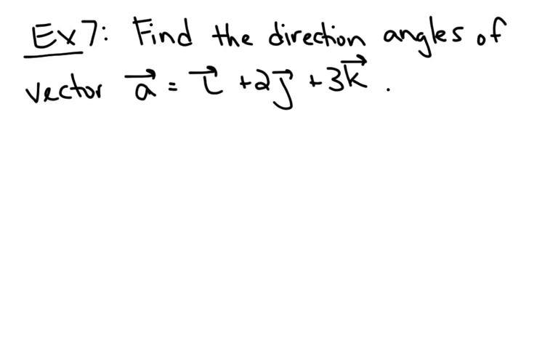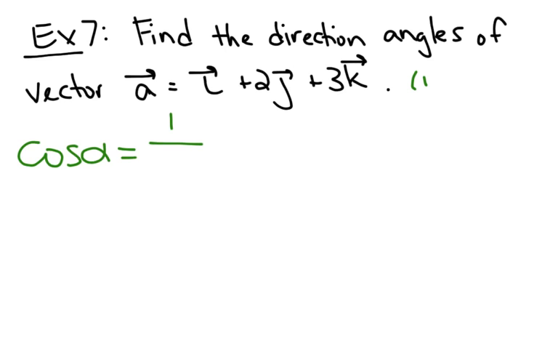So in this problem, I want to find the direction angles of the vector i plus 2j plus 3k. So first, cosine alpha is equal to a1, which is 1, divided by the magnitude of the vector.